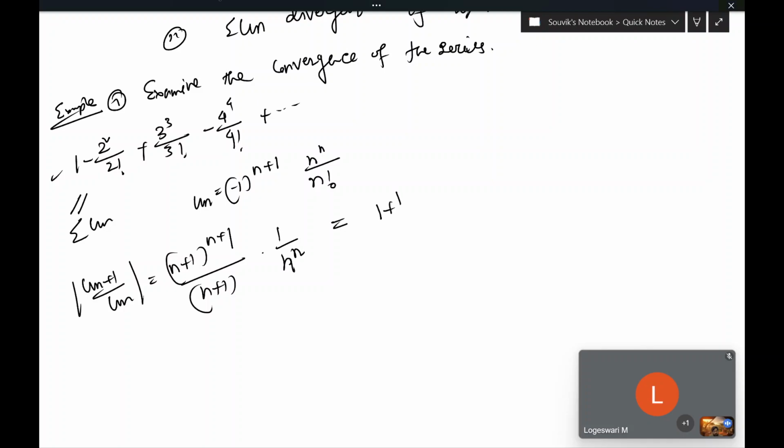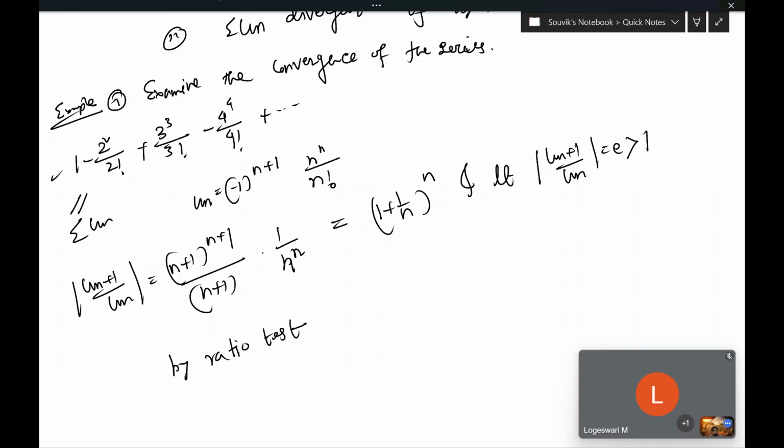This is equal to ((n+1)/n)^n, and this limit, |u_(n+1)|/|u_n|, is greater than 1. So by ratio test the series summation u_n is divergent.